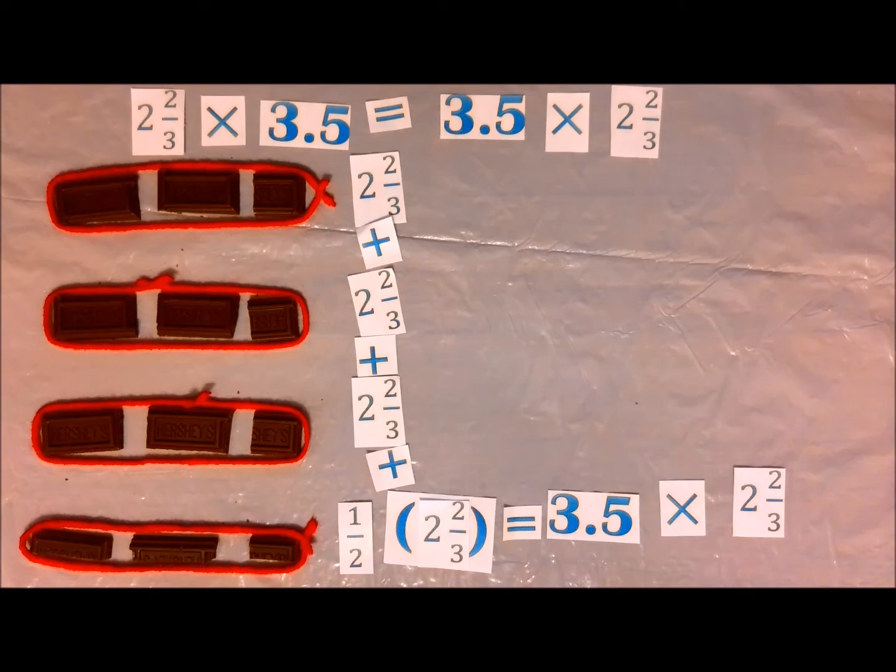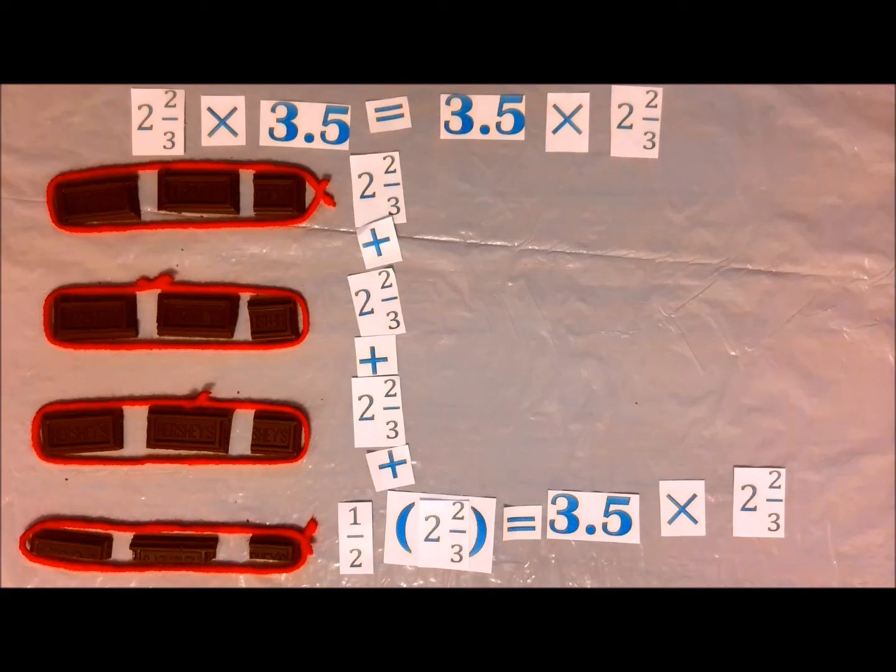As you can tell, in the last grouping, when we grouped according to columns with the green yarn, we found the total number to be 2 and 2/3 times 3.5. In this grouping, we found the answer to be 3.5 times 2 and 2/3.